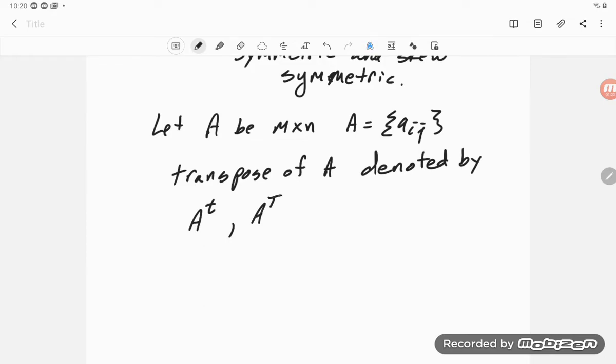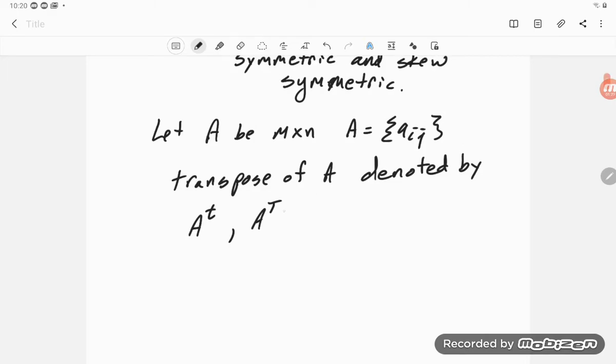It could be an uppercase T. Your text uses the lowercase t. Or you'll see it just as a prime, kind of like when you see derivatives. So any of those might be talking about a transpose.